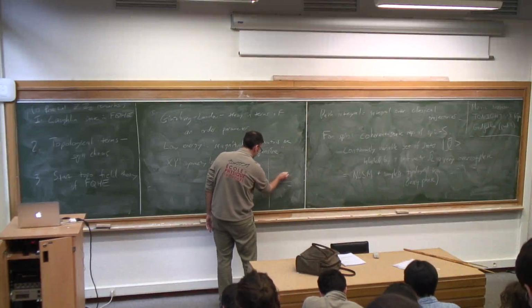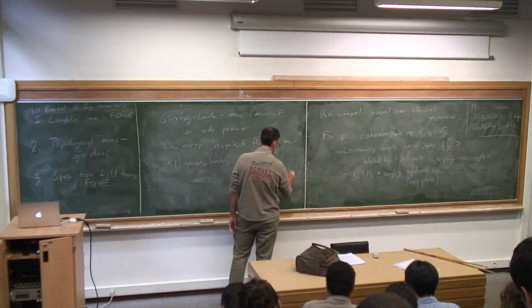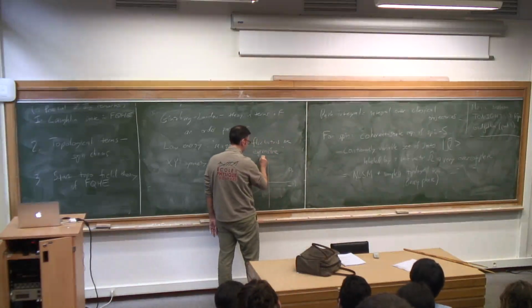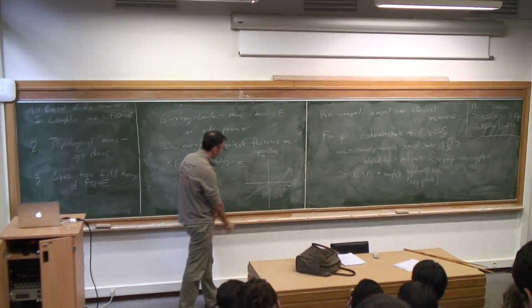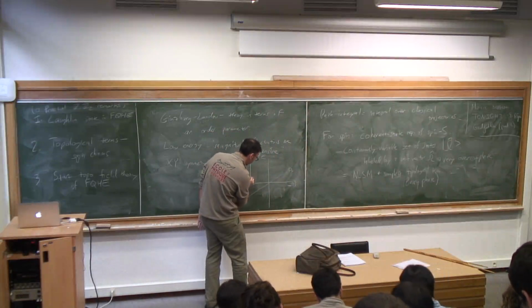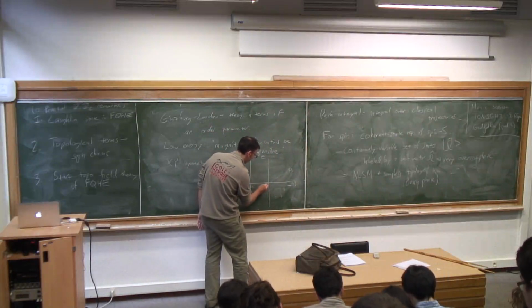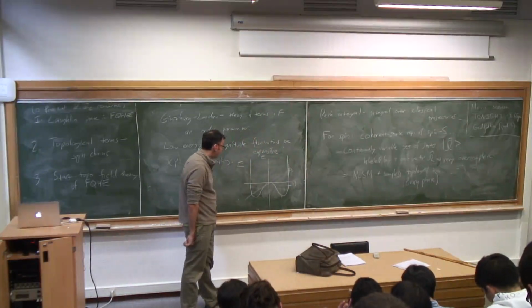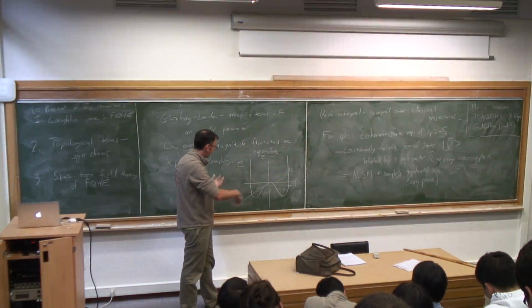So my axes will be something like phi y, phi x, and energy. Then, if we just looked along the x direction, it would look kind of like the Ising model. And I just need to rotate this around the z-axis.